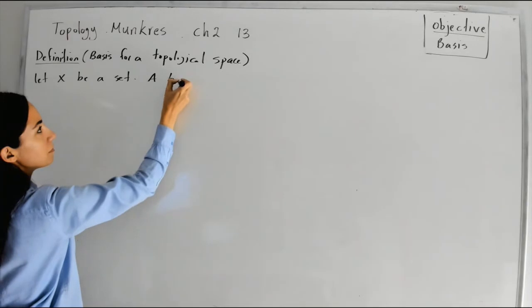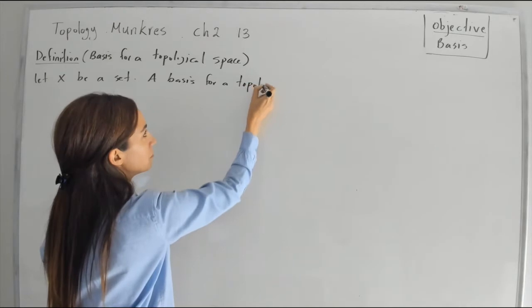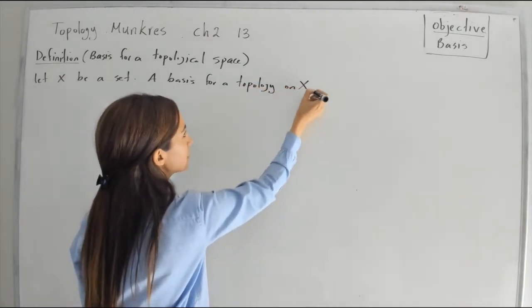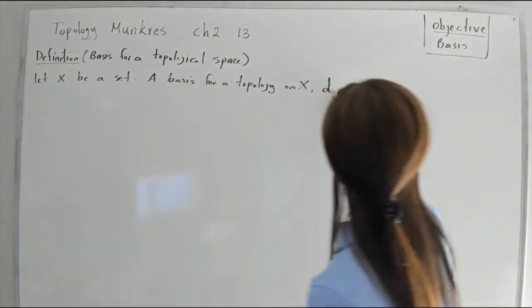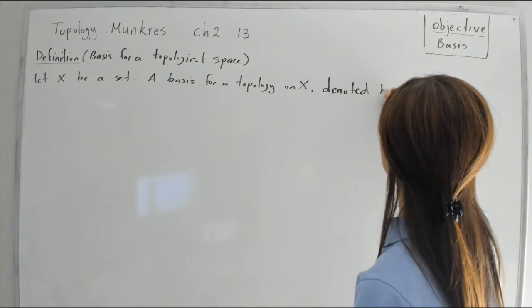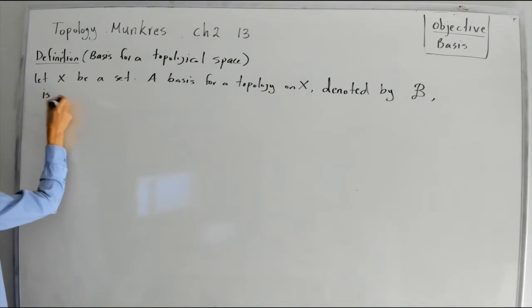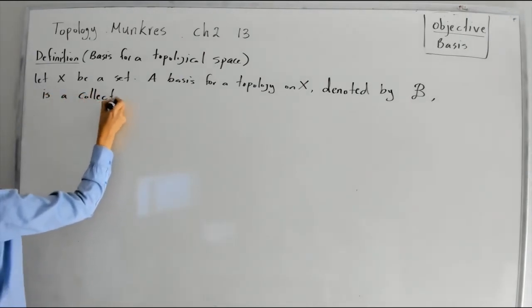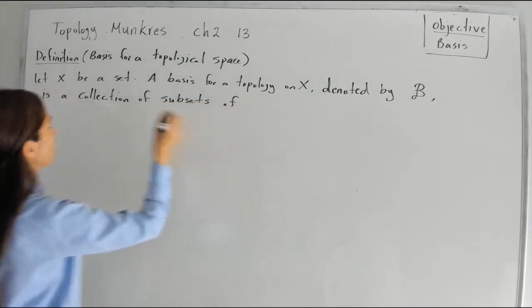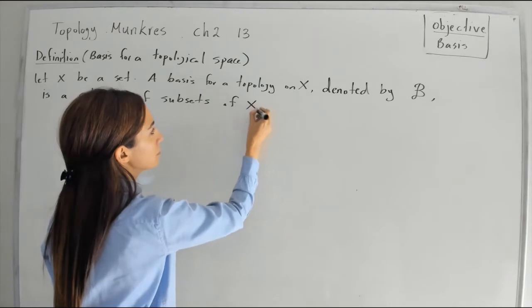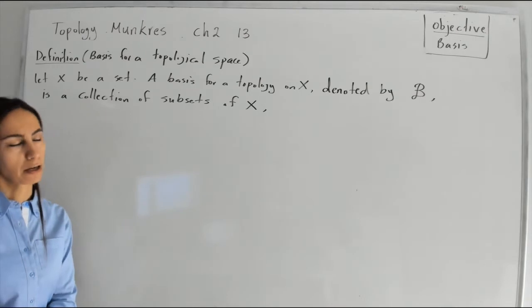A basis for a topology on X, which is denoted by beta, is a collection of subsets of set X such that that collection satisfies the following conditions.